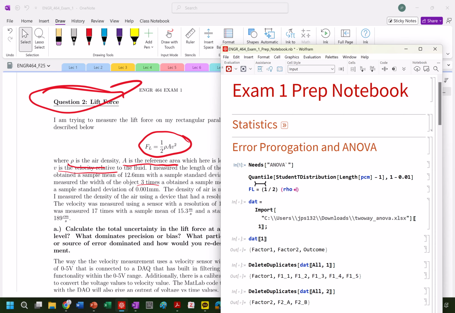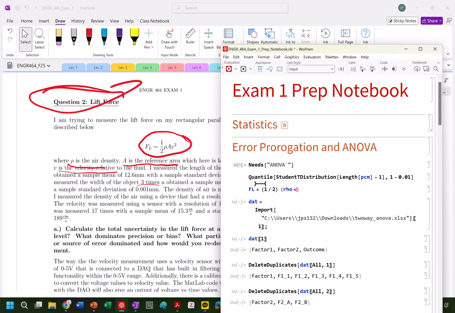Now, I'm going to do bias error first. So let's read through the problem. I measured the density, measured length of object. I have the density of the air, measured using a device that had a resolution of this, in milligrams per meter cubed. To go from milligrams to kilograms, it's 10 to the minus 6, right?